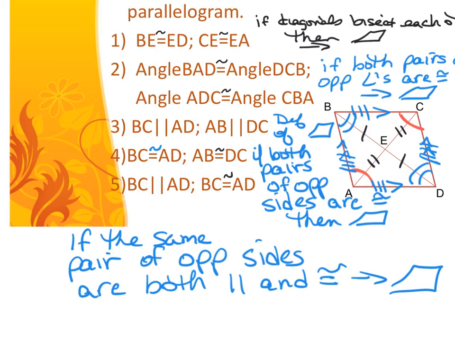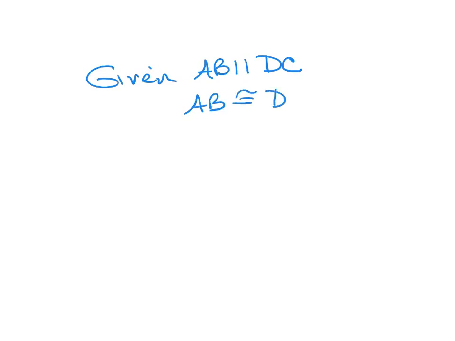So let's add a proof here. I'm going to give you, given AB parallel to DC and AB congruent to DC, I want you to prove that AD is congruent to BC.